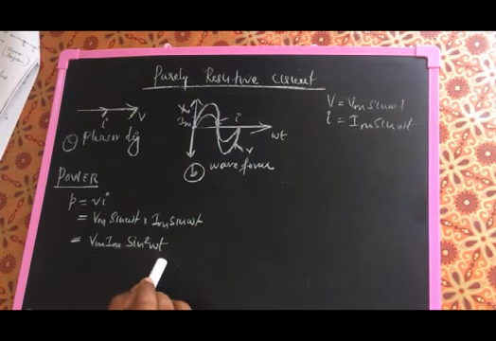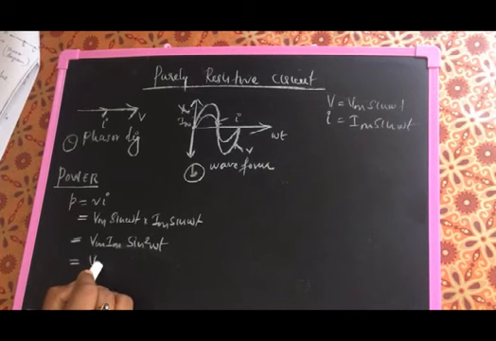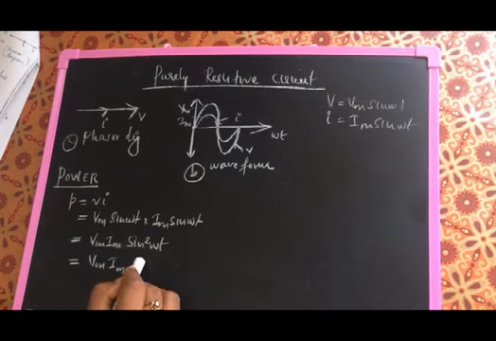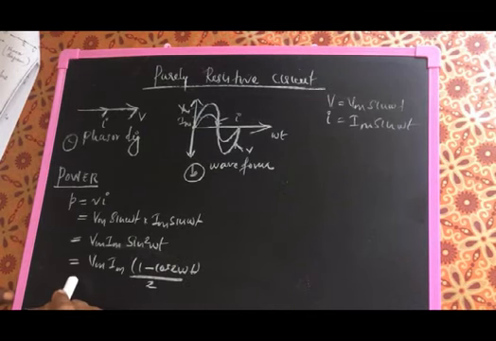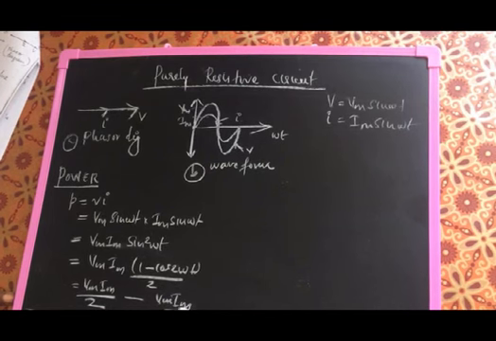You can replace sin square omega t with (1 minus cos 2 omega t) divided by 2. That is equal to Vm Im (1 minus cos 2 omega t) by 2, that is Vm Im by 2 minus Vm Im by 2 cos 2 omega t.